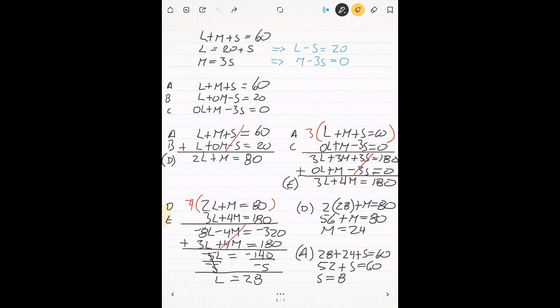Then I took D and E, and I decided to cancel out the M's, but to do that, I had to first multiply the top equation by a negative 4. So I ended up with L equaling 28. I plugged that back into the D equation to get M equaling 24. And I plugged both of those into equation A to get S is equal to 8. The same solutions as before.